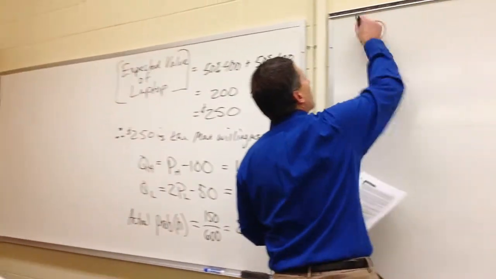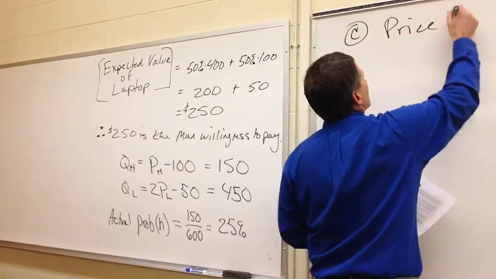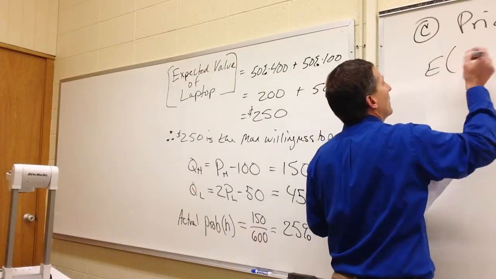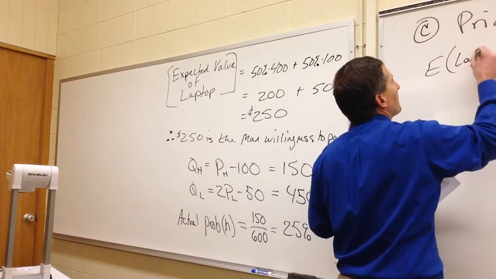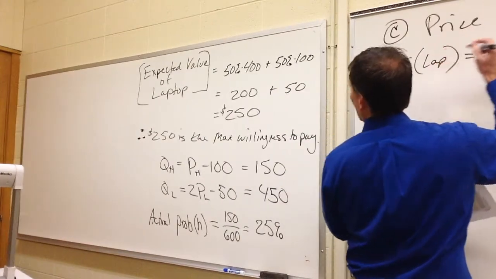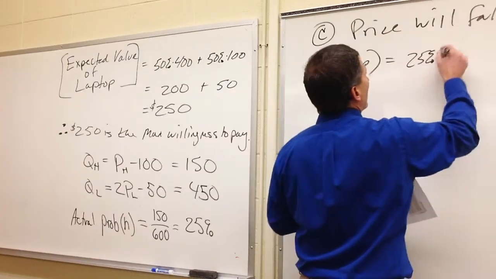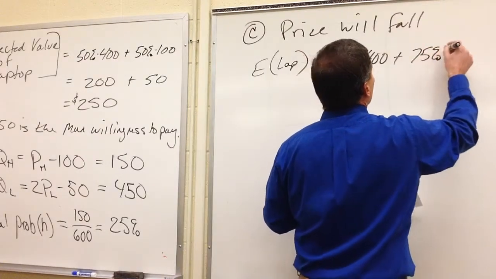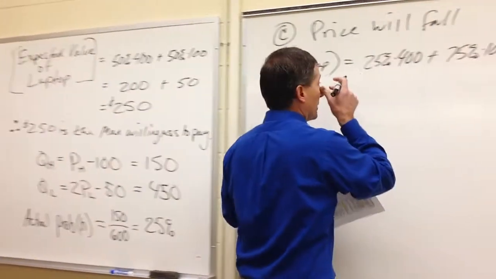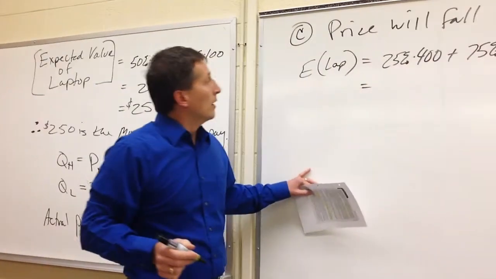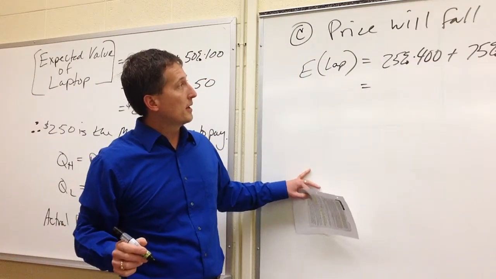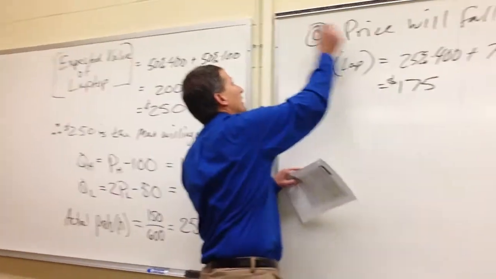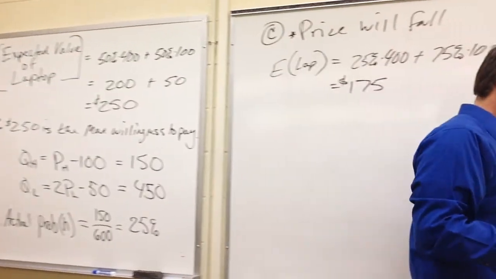For part C, price will fall. You can think of the expected value of getting a laptop as now 25% of 400 plus 75% of 100, giving me 100 plus 75, 175. So that's our prediction, that prices are probably going to fall.